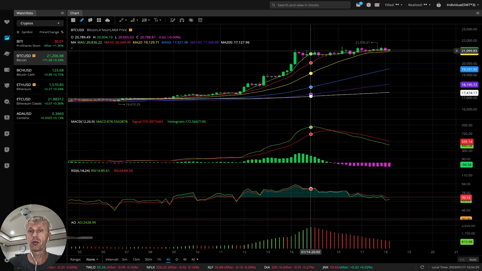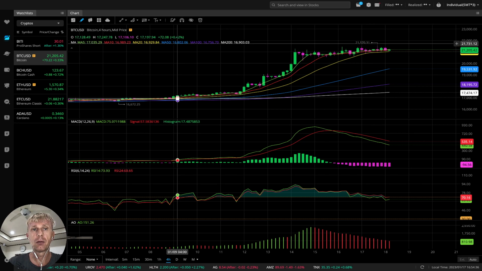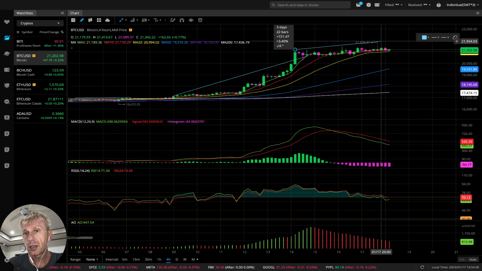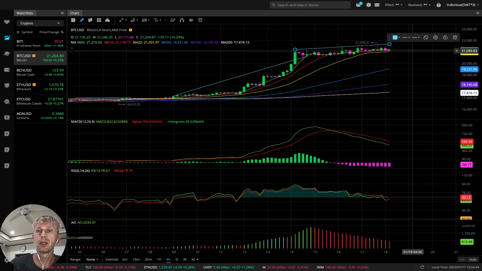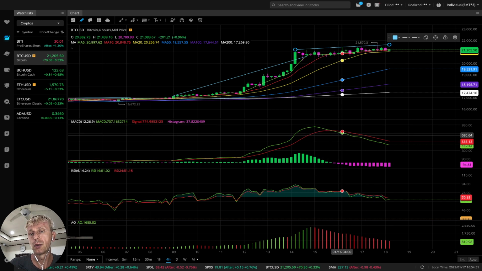4 hours, different story, right? 4 hours is kind of flat, even I can say flat, but price action is uptrend, right? It's like uptrend a little bit, but it's uptrend. On the MACD, it's bearish divergence, bearish crossover.